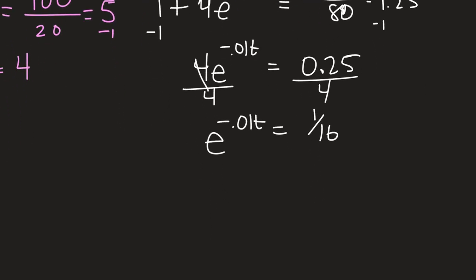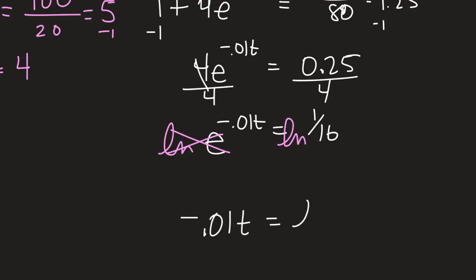And then here is our fantastic thing. We're going to take the natural log of both sides. The natural log of e is, of course, 1, so this just becomes the exponent.